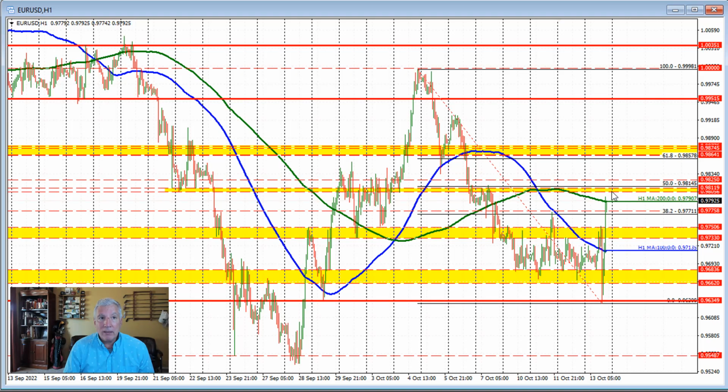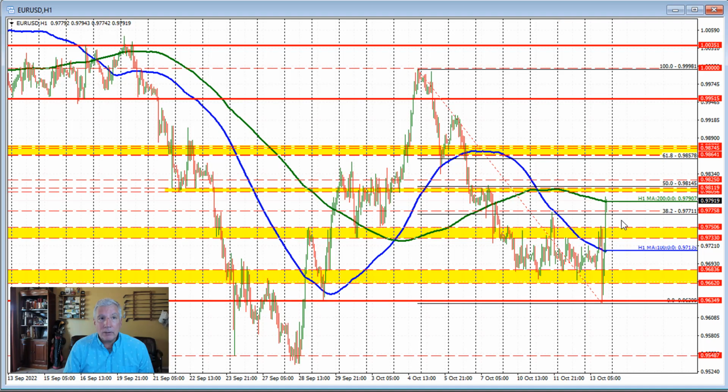If we get above that level, we should see another squeeze toward the 50% retracement of this move to the downside. There's also a swing area through here, and if we get above that level, it opens up the door for further upside. If we hold this level, which we're trying to hold right now, I wouldn't necessarily say that we're racing to the upside just yet. There's a battle going on.